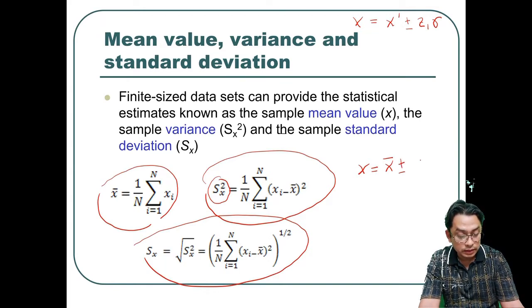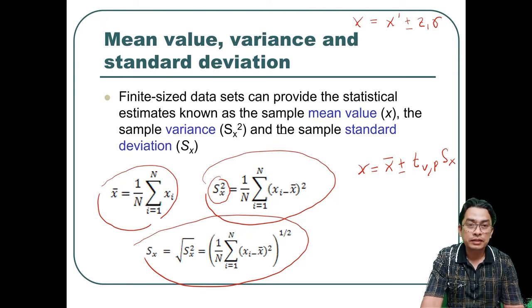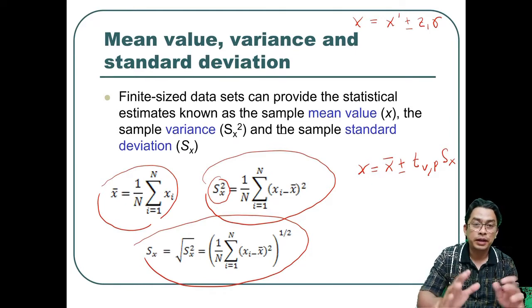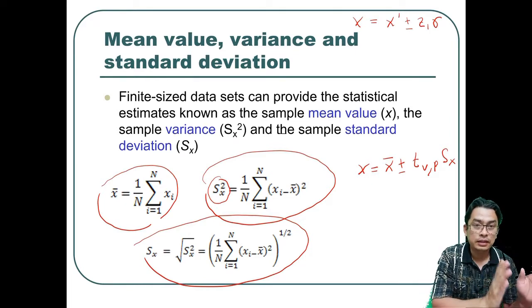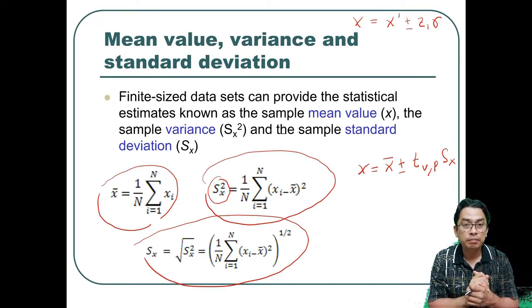So plus or minus, now we no longer have z1. We use t_vp times the standard deviation. This indicates a finite size of data. So x will appear in the range of x bar plus or minus the interval, which is t_vp times the standard deviation.